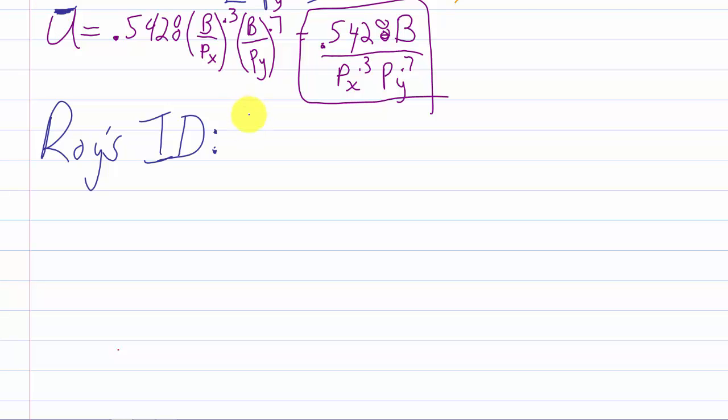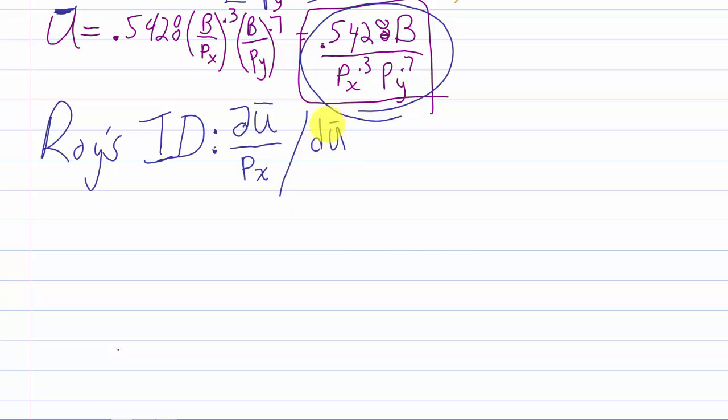Roy's identity says that if you take the derivative of U bar, this equation that we just created up here, take the partial derivative of that with respect to the price of X, and then divide that by the partial derivative of U bar, the indirect utility function, with respect to the budget, then what that will give you is the X star, that Marshallian demand for X.